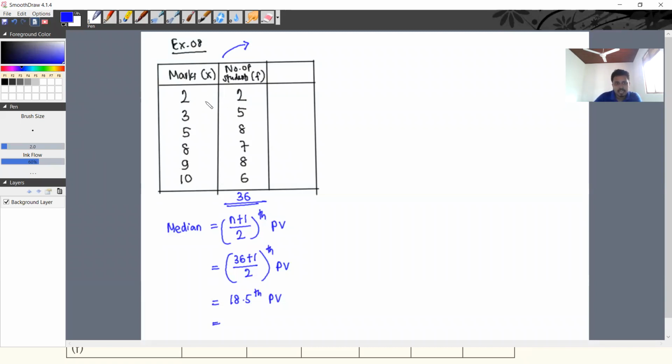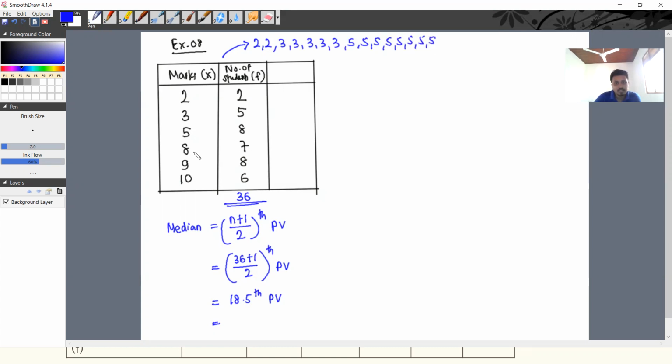See, there are 2 students who has obtained 2 marks. දෙන්නෙක් ලකුණු 2 ගානේ අරගෙන. There are 5 students who has obtained 3 marks. ළමයි 5 දෙනෙක් ඉන්නවා ලකුණු 3 ගානේ ස්කෝර් කරලා. ඔන්න ඒ 5 දෙනෙක්. ළමයි 8 දෙනෙක් ඉන්නවා 5 ගානේ ස්කෝර් කරපු. 1 2 3 4 5 6 7 and 8.